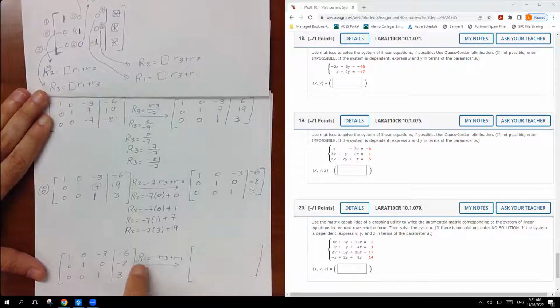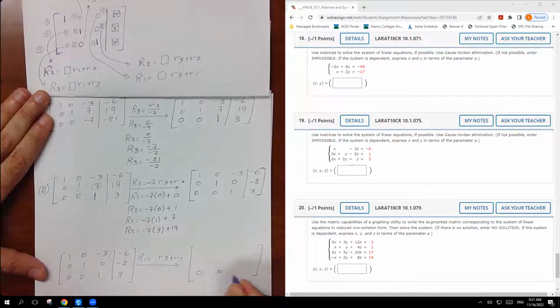The change is going to be on R1, so R2 and R3 are going to be the same. 0, 0, 1, and here is a 3. 0, 1, 0, and here is -2. And change the number in this location to 0. It's -3, so I'm going to write down +3 here.